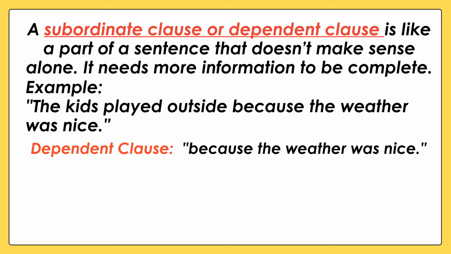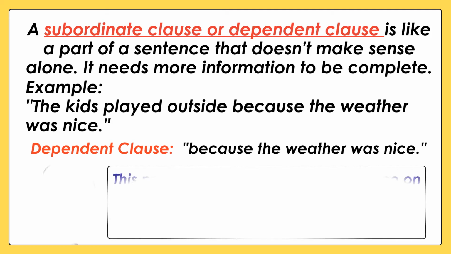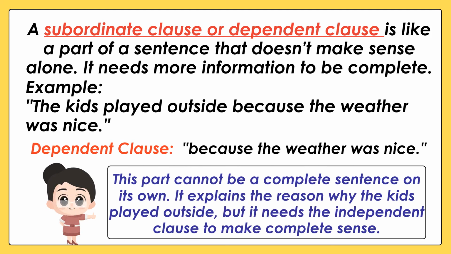The dependent clause is because the weather was nice. This part cannot be a complete sentence on its own. It explains the reason why the kids played outside, but it needs the independent clause to make complete sense.